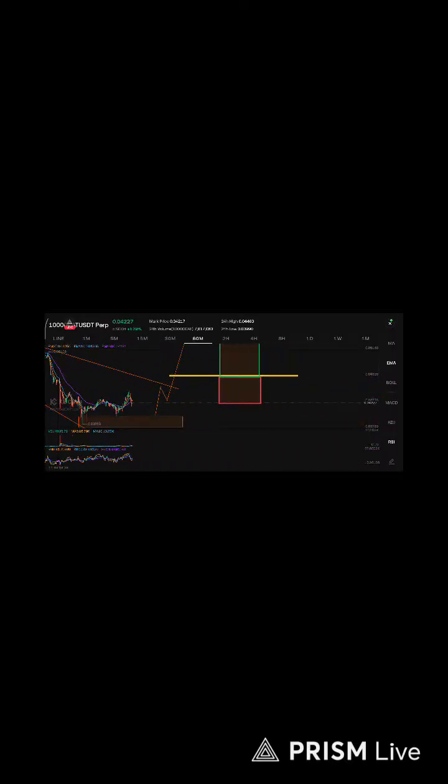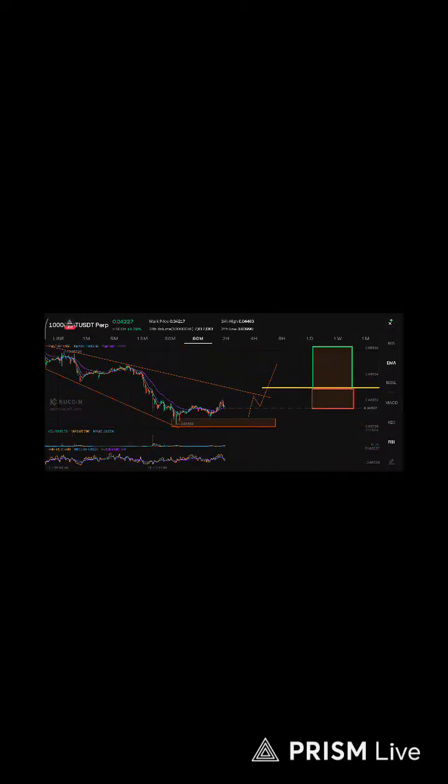Now for the bearish aspect of the trade, if for example this trade breaks here, you can't draw more than that.